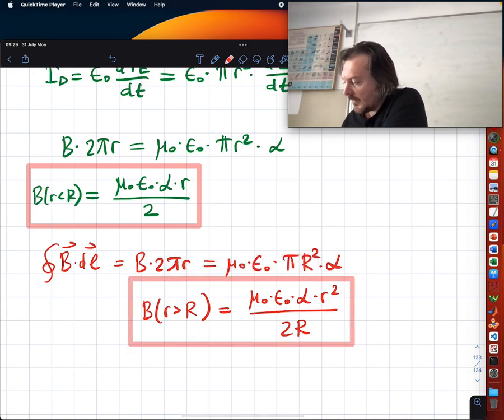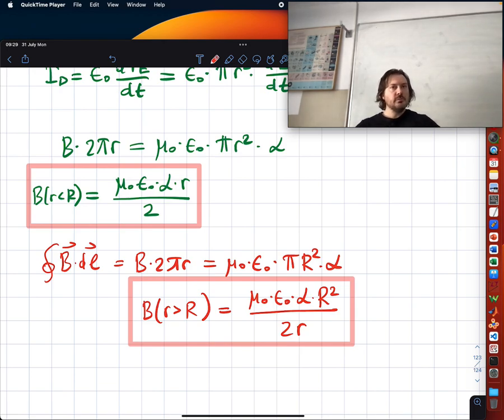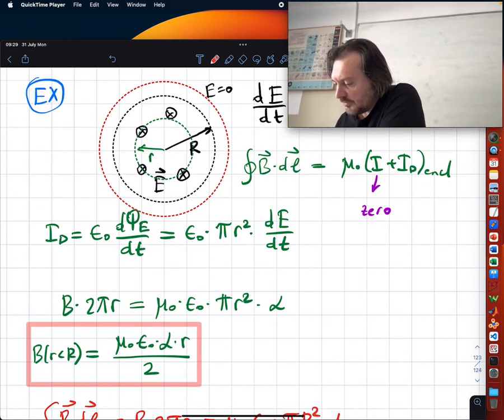Can you also show the direction of the magnetic field? Very good point. Yes.